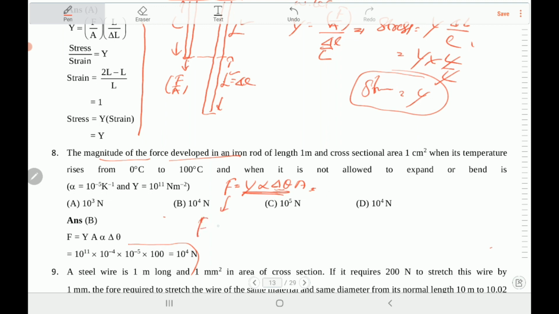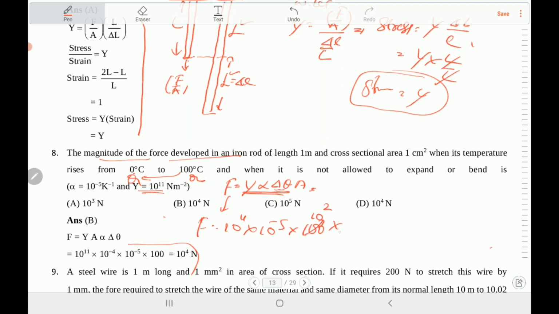I have enough space. That's Y, 10 to the power 11, into 10 to the power minus 5 alpha, into change in temperature. 0 to 100 is the change. There is theta 1 and this is theta 2. What is theta 2 minus theta 1? 100. That's it. 100 becomes 10 to the power plus 2. You think like that.